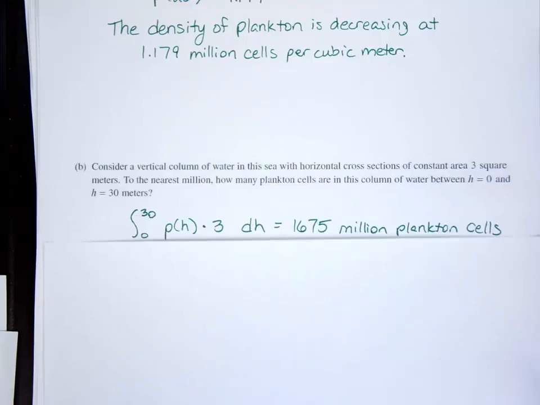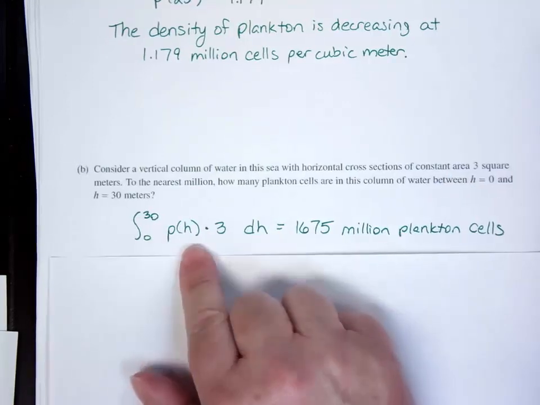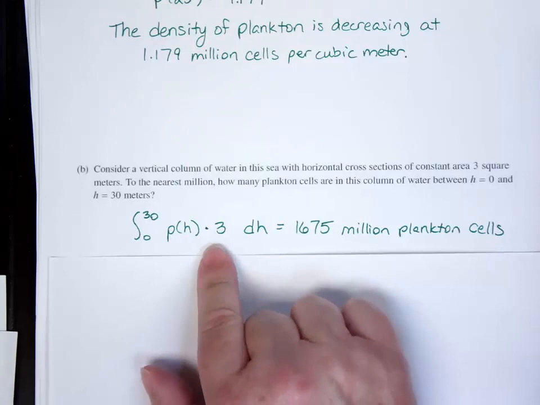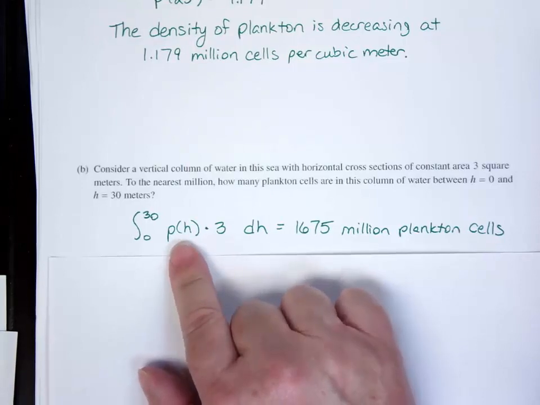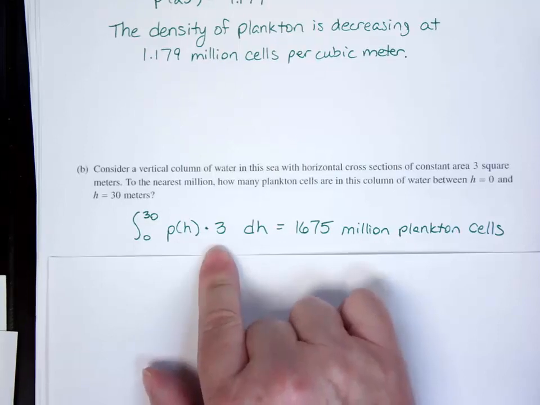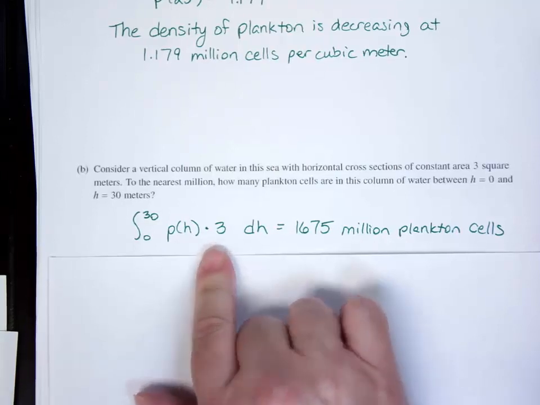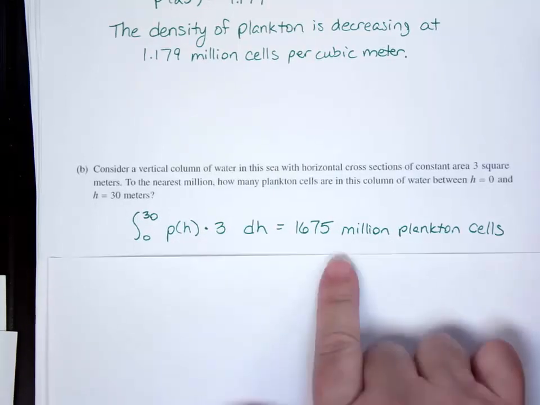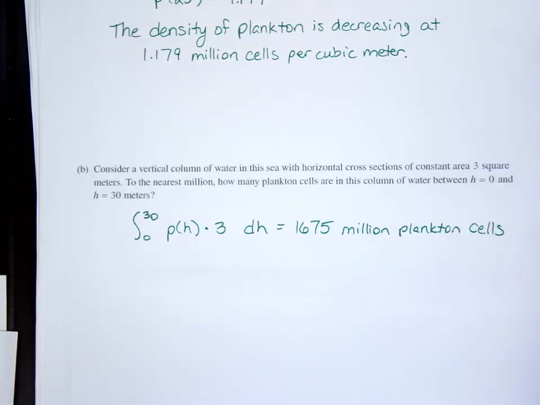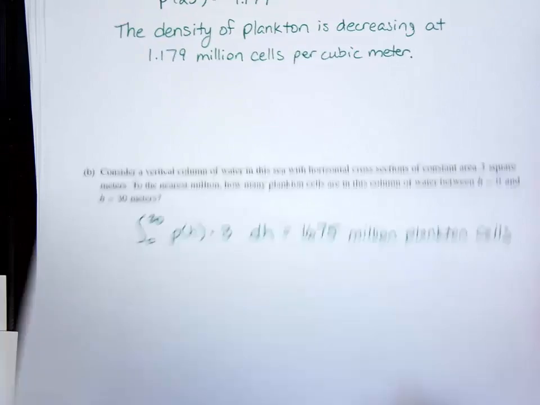So that means that we're integrating from 0 to 30 p of h times 3. So basically the area of the base times the height, and it's on its side. So when you put this in the calculator, you end up getting 1,675 million plankton cells. And that's all there is to that problem.